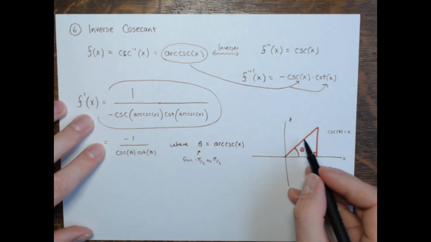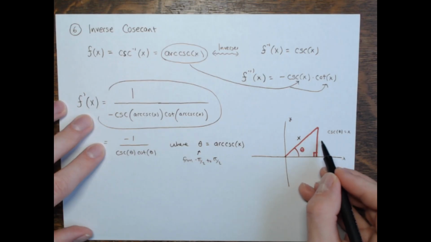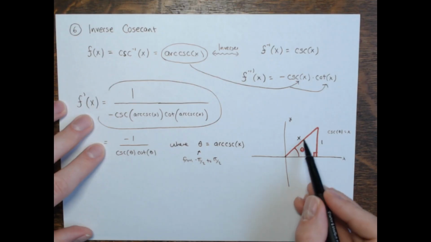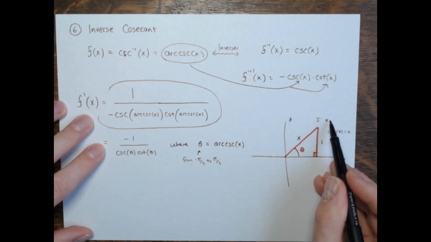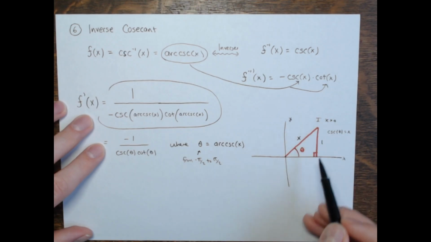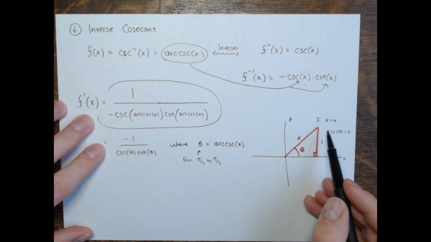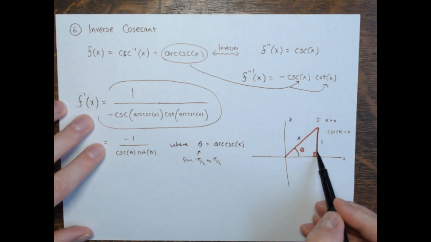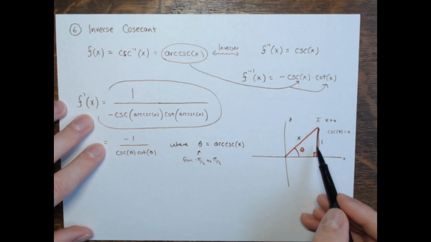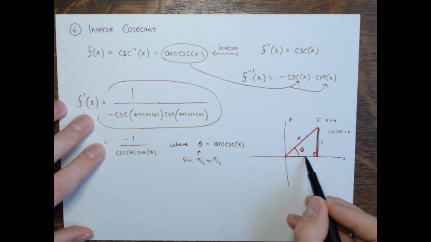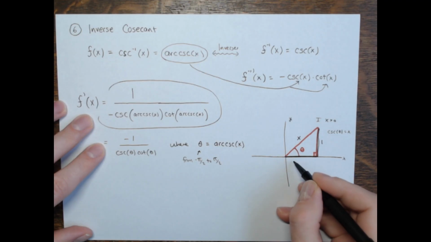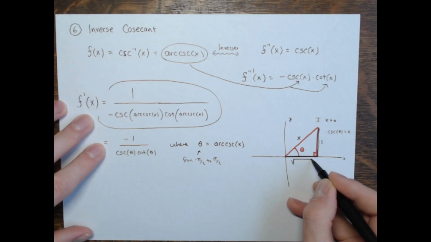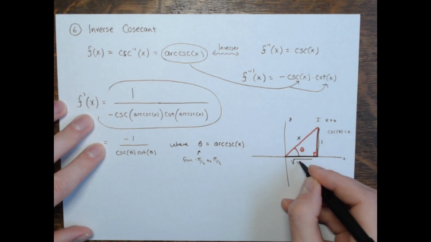Now cosecant would be hypotenuse over opposite. So this length, the hypotenuse, is x, and x's are positive in quadrant 1, so that's still a positive quantity, and positive 1 for that length. And then this length is still positive, because I'm on the positive side of the x-axis. So it would be the positive square root of x squared minus 1.